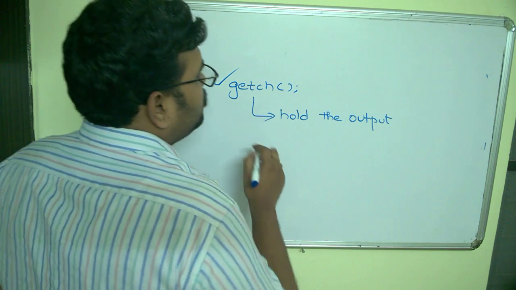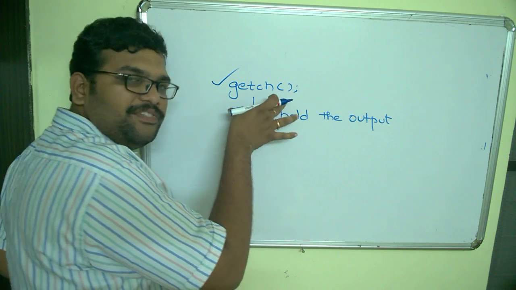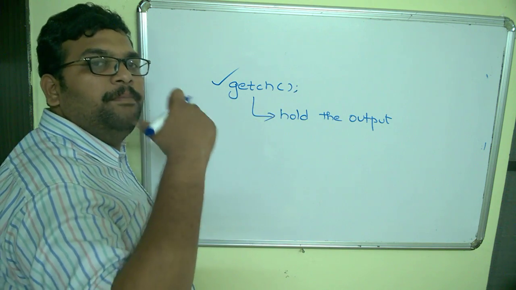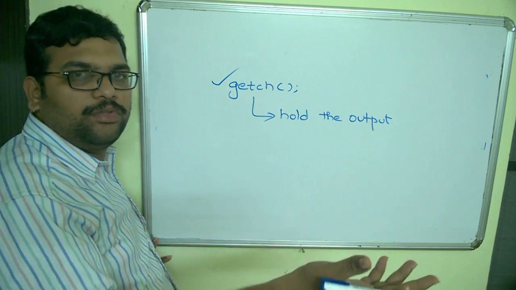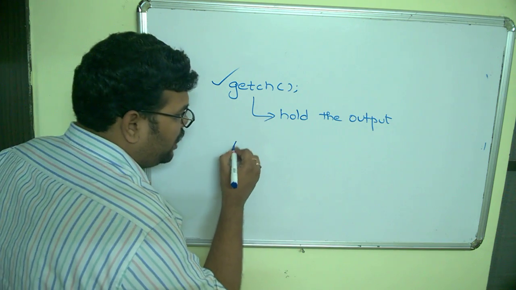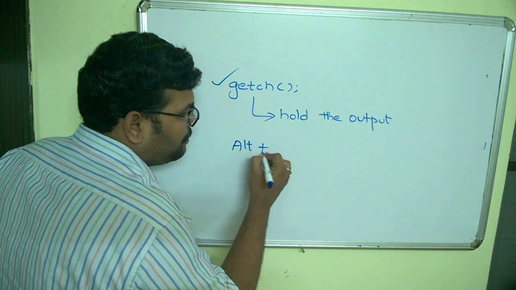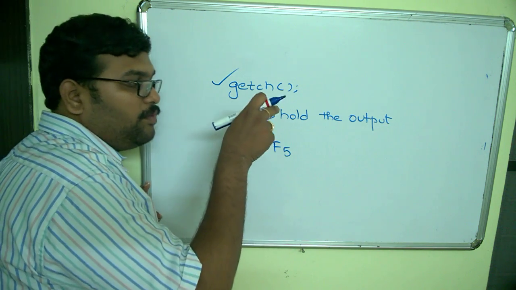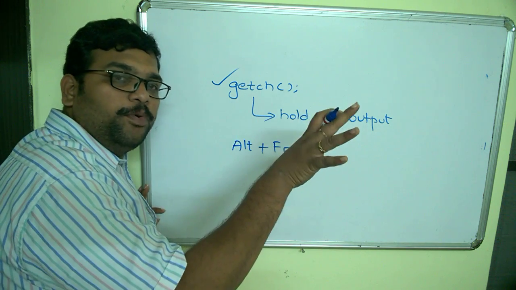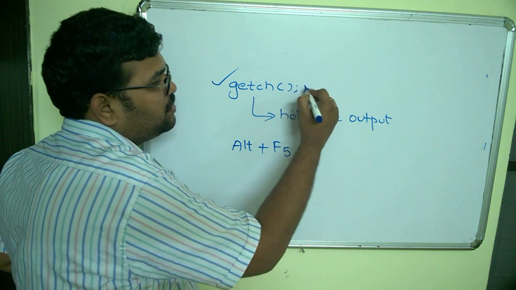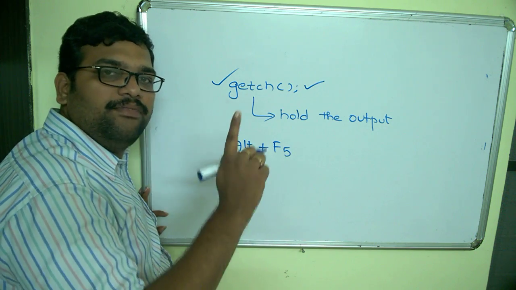If we are not using this function in our program, the output will simply appear and immediately it will go back to the compiler screen. So to see the output we have to press Alt plus F5. So remember, if we want to hold the output until we give an instruction to the compiler, we have to use this getch function at the end of the program.